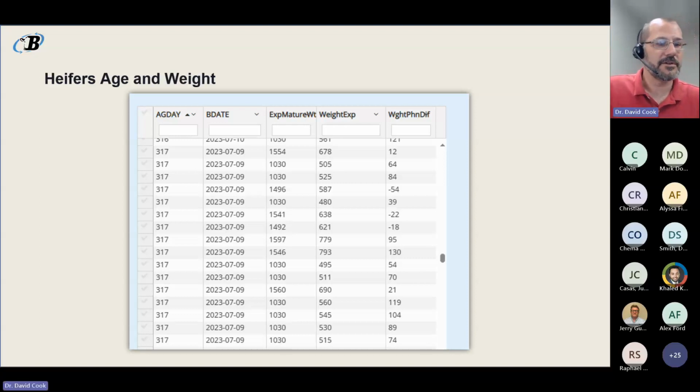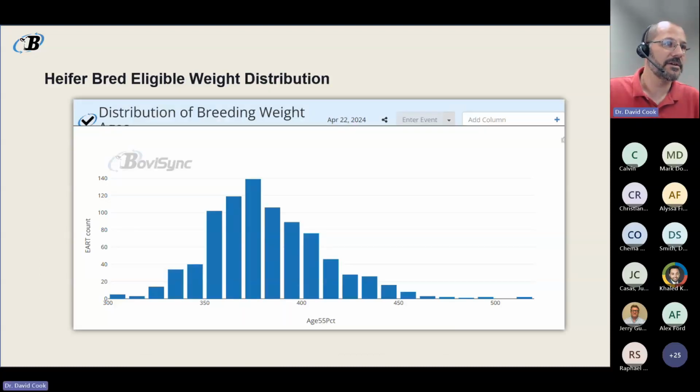But using those curves, now you can also extrapolate forward into the future. And then, we all talk about 55% of mature body weight for breeding. Here's a distribution of a heifer yard, and the distribution of what age in days they reach 55% mature body weight.